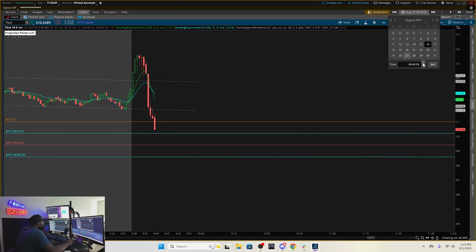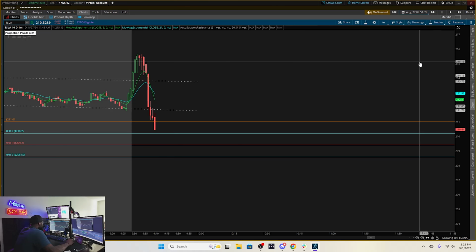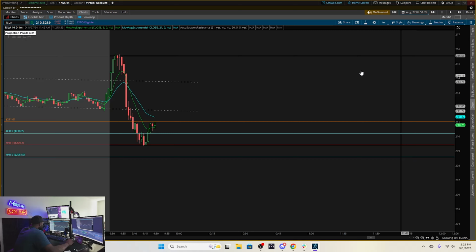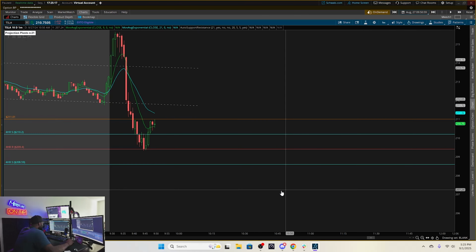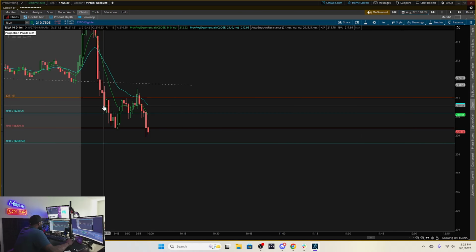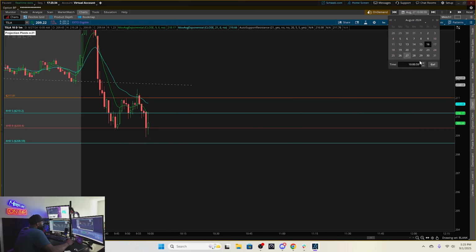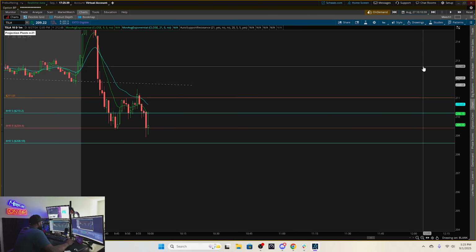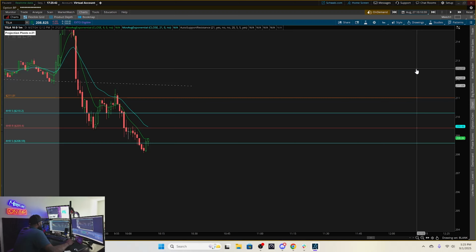Let's see what happens. Bouncing at the levels. Resistance turns to support. Boom.